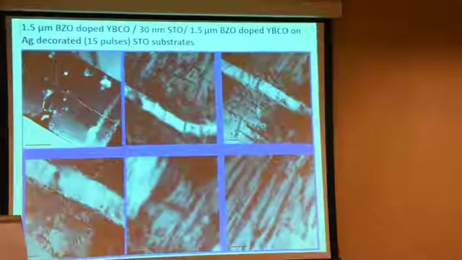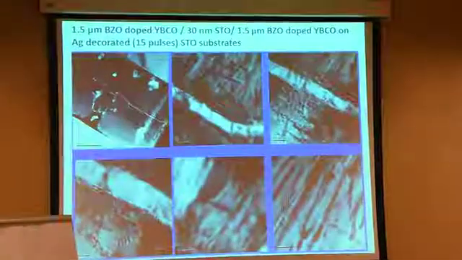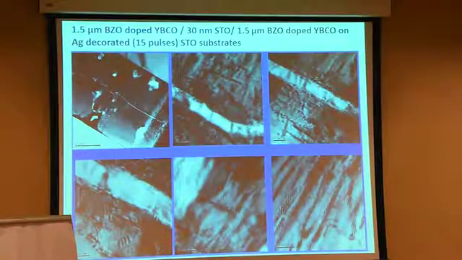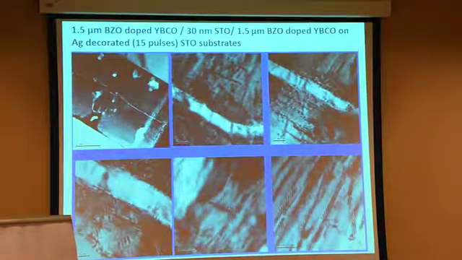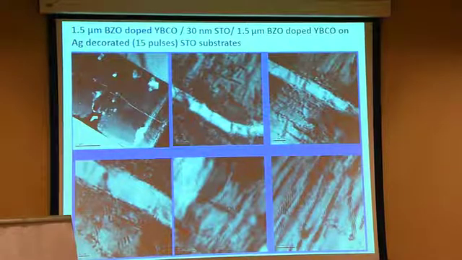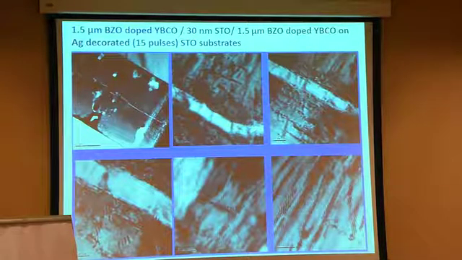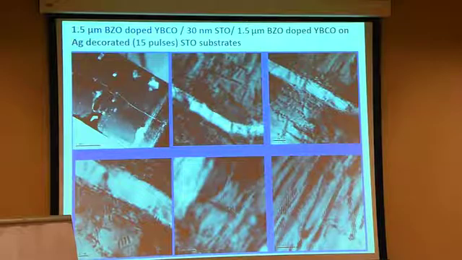Now, if you look at the quantity of silver, it's very, very small. So the silver nano islands, they do not stay there. They will diffuse. But during that time, this is what you want: silver acts like a catalyst for doing two things, promoting columnar growth, and secondly, allowing us to grow thicker films without a very drastic decrease in critical current density.